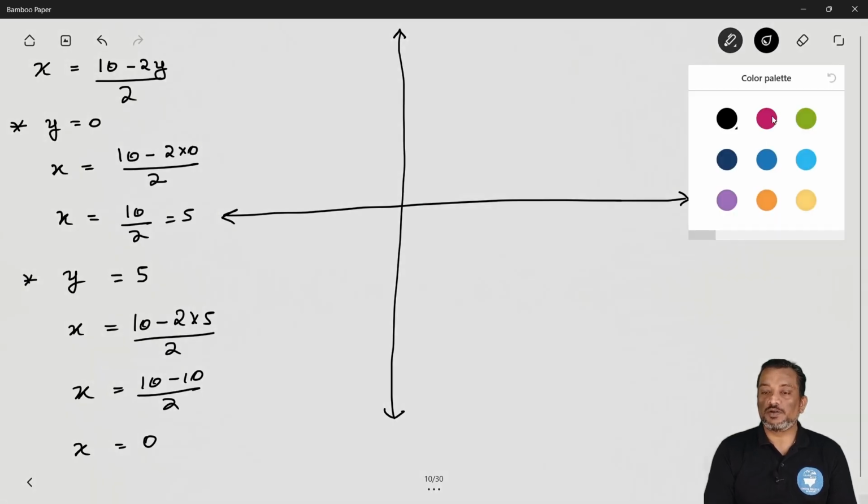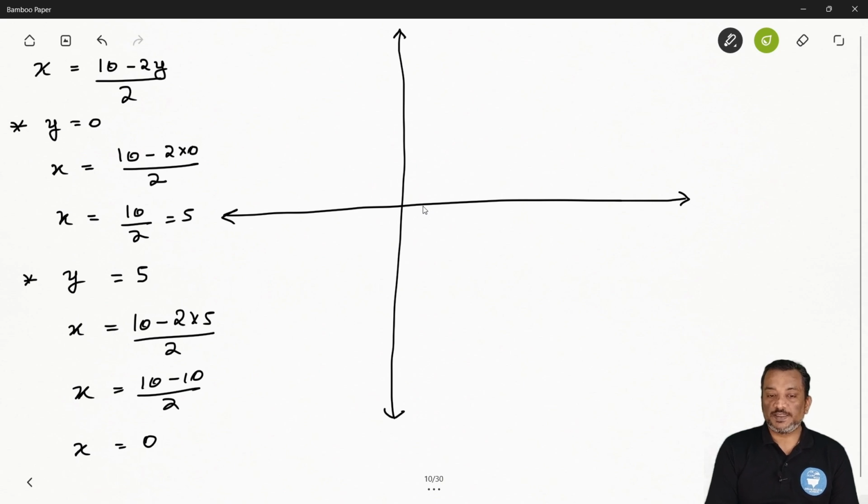So first we will point all the, so we can say this one is equal to here 1, 2, 3, 4, 5, 6, 7. And this side -1, -2, -3 and -4. And this is your origin.